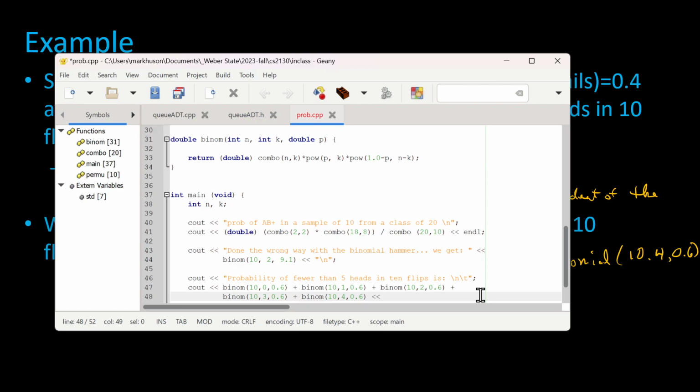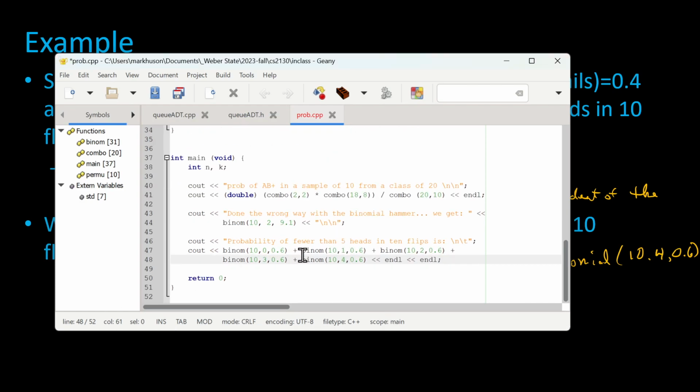And these up here, and 2 of these up here, and another end line down here. And that's why you use the \n rather than endl, because it's too much typing.